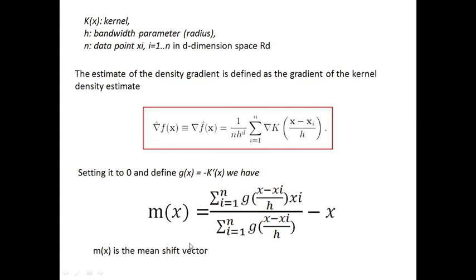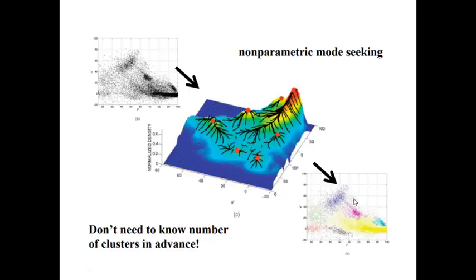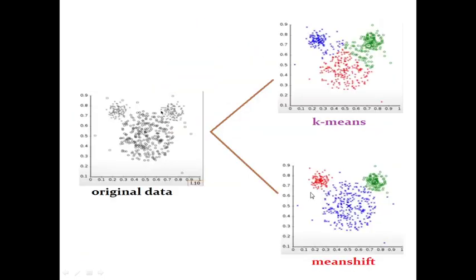Finally I obtain my mean shift vector m(x) as given here. This is the ultimate result. So this is about the mean shift algorithm.